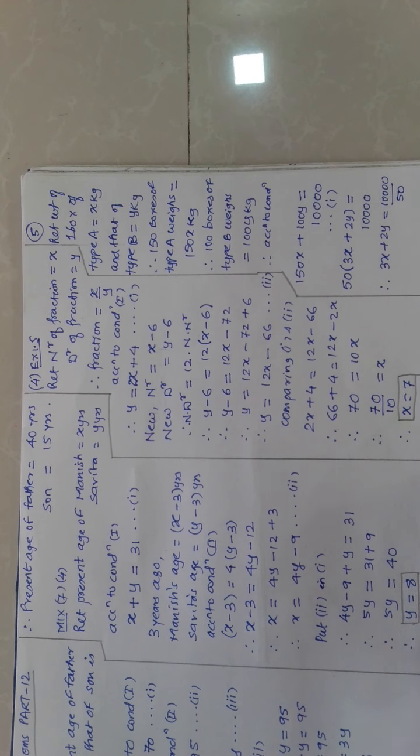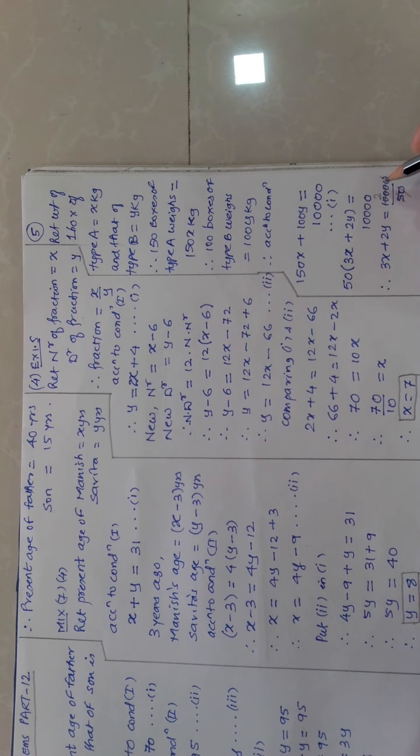So you get this 0 goes, then 5 twos are 10, and 5 twos are 10. So you get here 200.